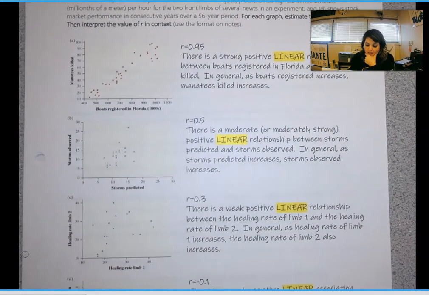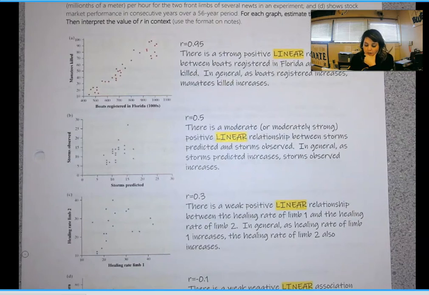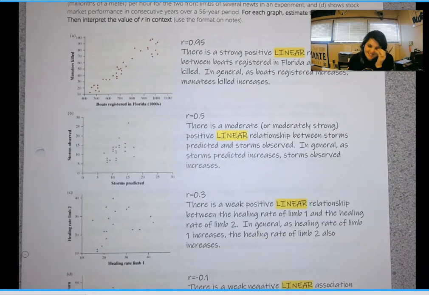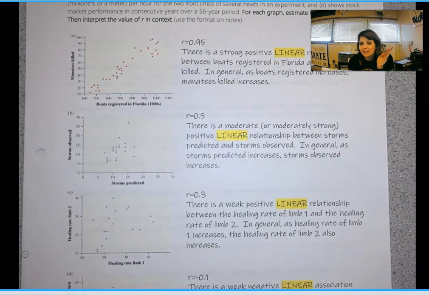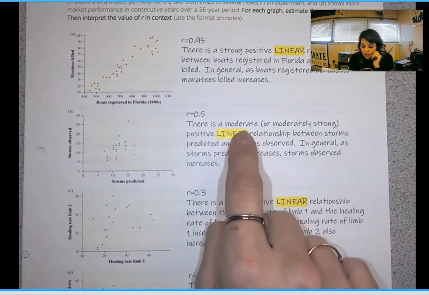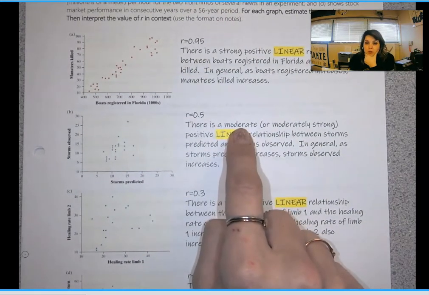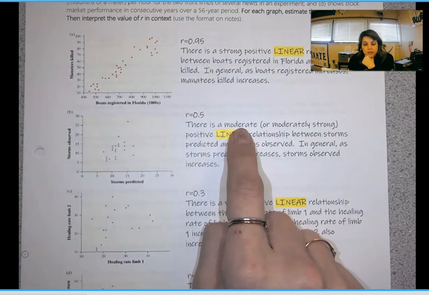For B, I have a moderate or moderately strong positive linear relationship. So this is another one that Carter pointed out to me. Carter, I am so sorry. You can use just the word moderate to describe strength. I didn't realize that until I was going through your book yesterday.